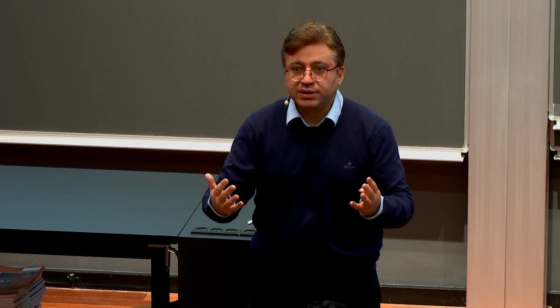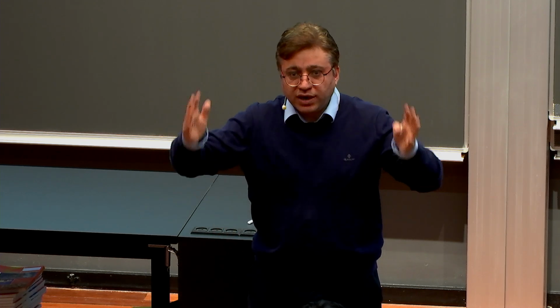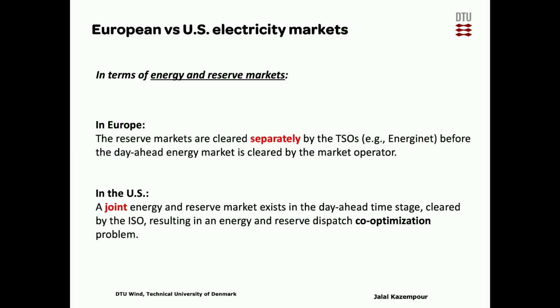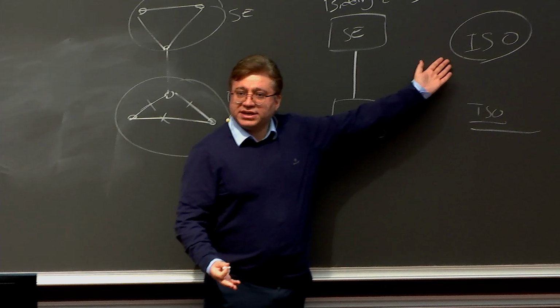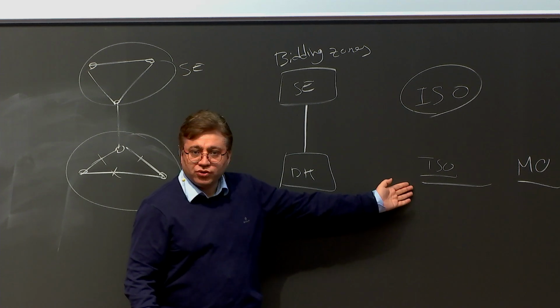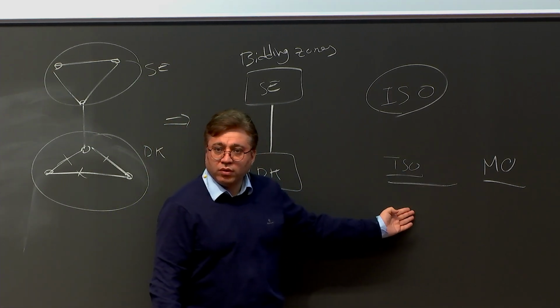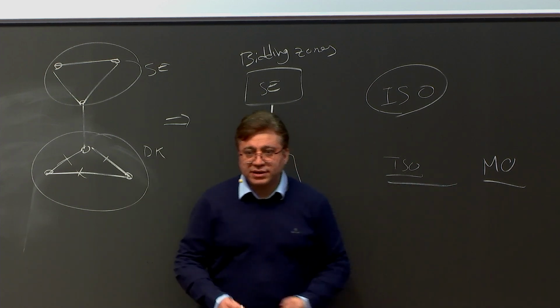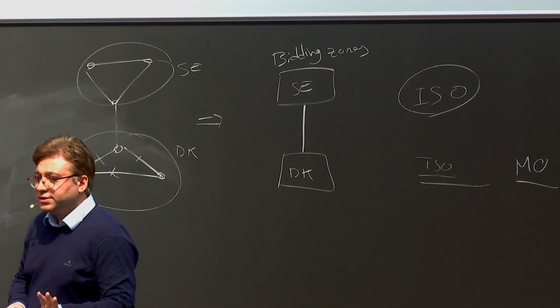In terms of optimality, do you prefer to buy everything at once, making the decision for everything together simultaneously, or do it one by one? Simultaneously. It's always good to make decisions simultaneously. Do co-optimization. And in the US, they do it because there's only one entity doing everything, while in Europe it's different. First, the TSO clears the reserve market, and then Nord Pool or the market operators clear the energy markets. Clear?